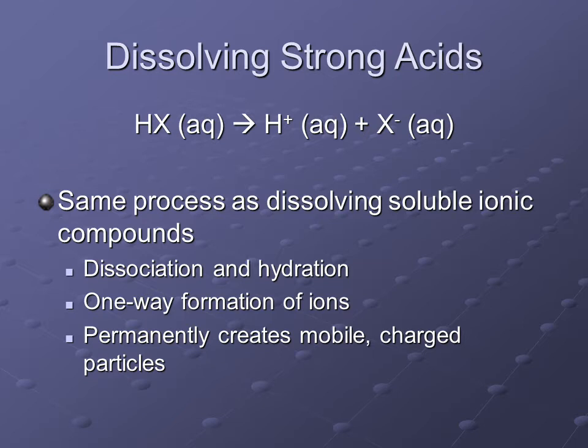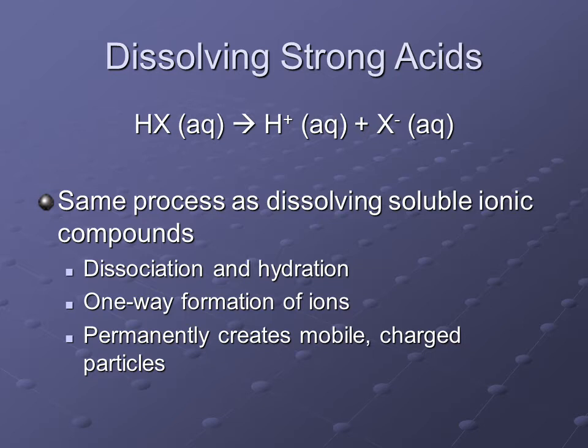Okay, so the process of dissolving, we already talked about the process of dissolving a weak acid. The process of dissolving a strong acid is this one-way reaction that goes from your acid molecules to hydrogen ions and anions, whatever the anion may be.